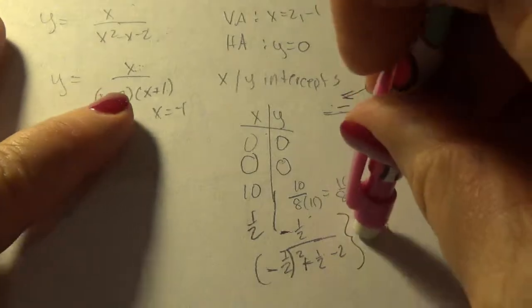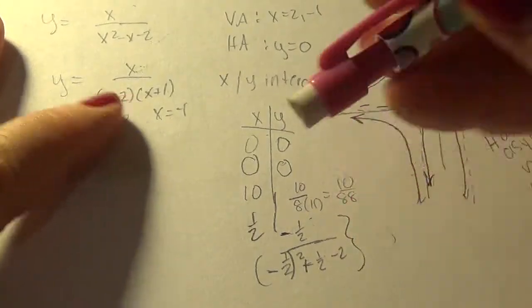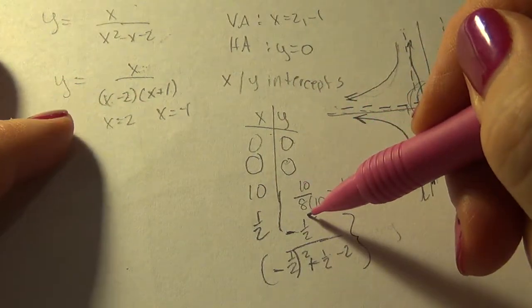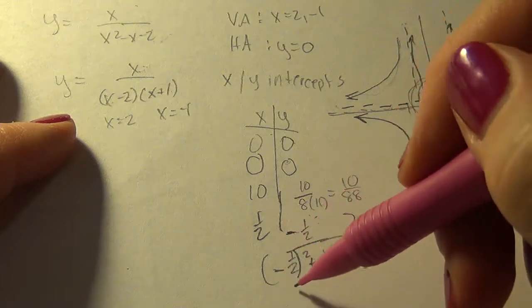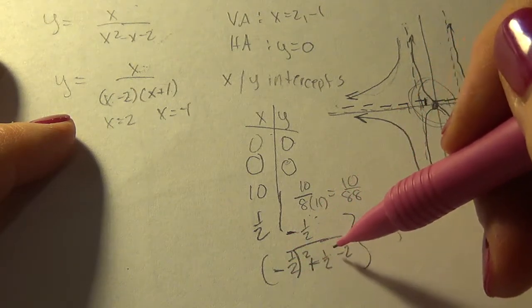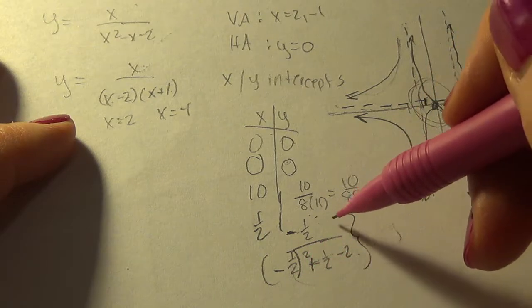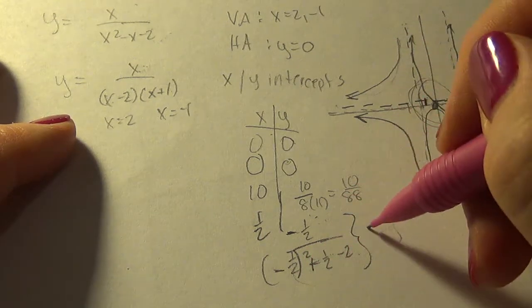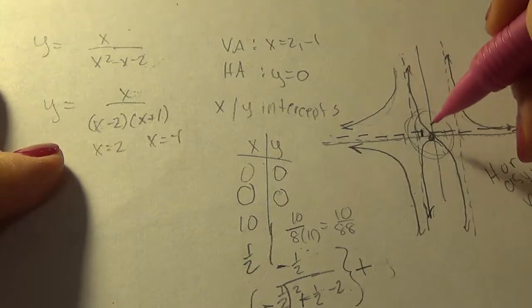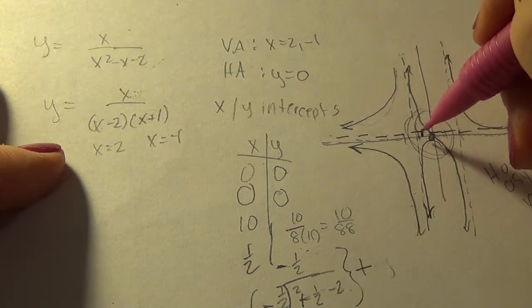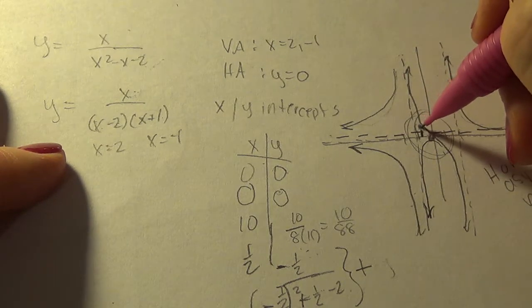So now let's see if it's positive or negative. We have a negative divided by a what? This is positive 1/4 plus 1/2 minus 2. So we have still a negative in the bottom. A negative divided by a negative is a positive. So we know at x equals negative 1/2 it went up.